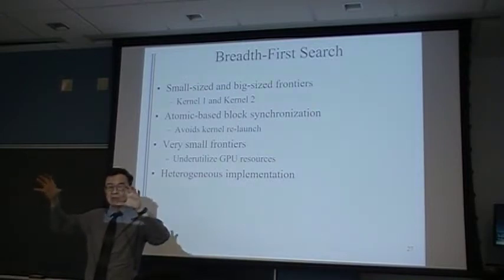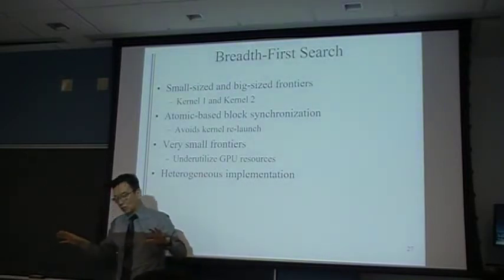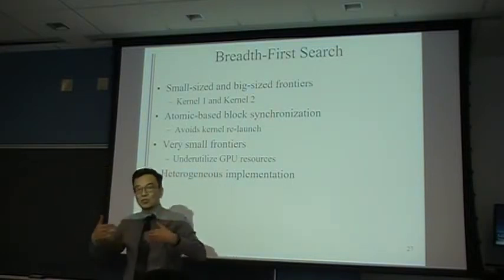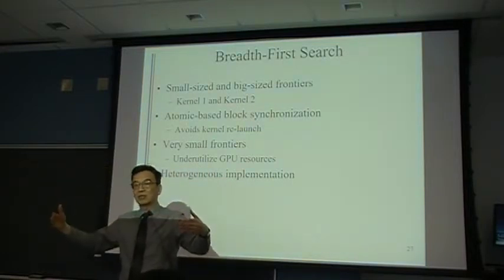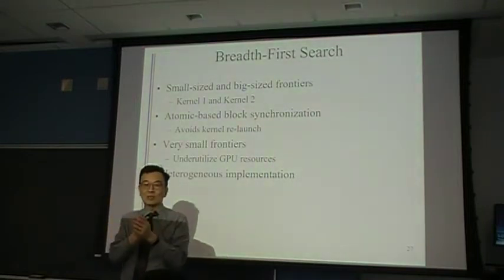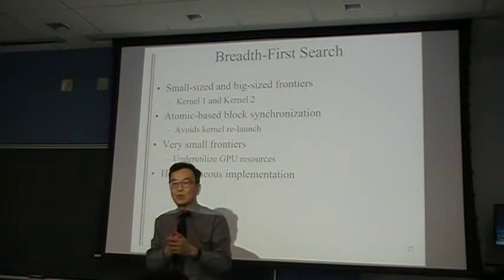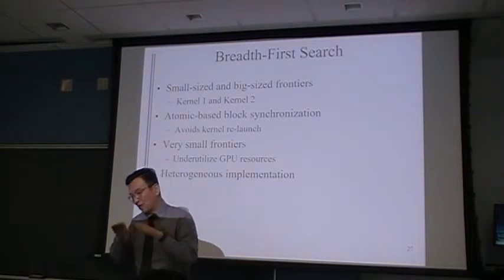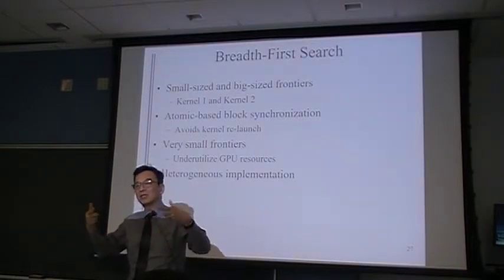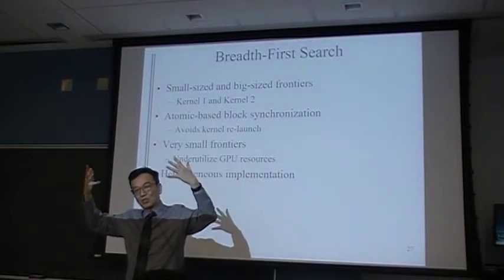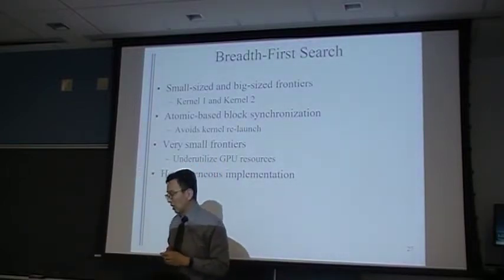When you terminate the kernel, you make sure that all the thread blocks have reached a certain point, and then you relaunch them so that they start from the same point. That's barrier synchronization. What you're really trying to do is have a barrier synchronization, and then force everyone to be at the same point, so that everyone can see the results of everyone else in the previous iteration before they go into the next iteration.